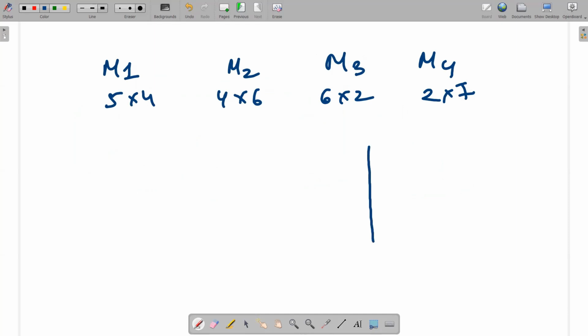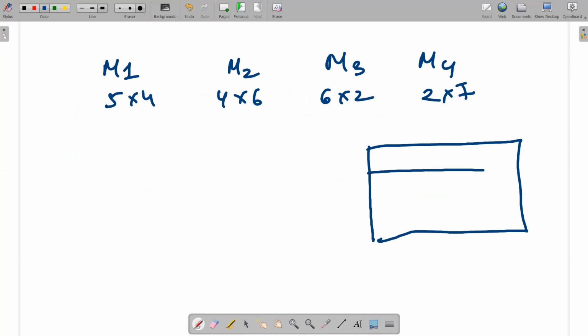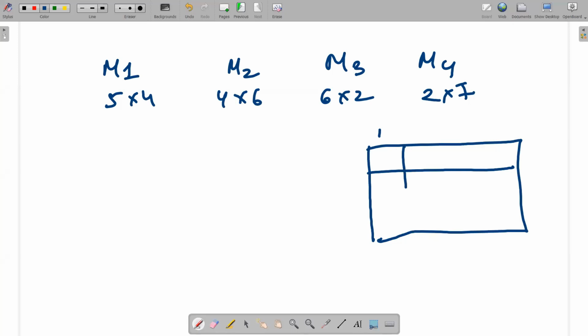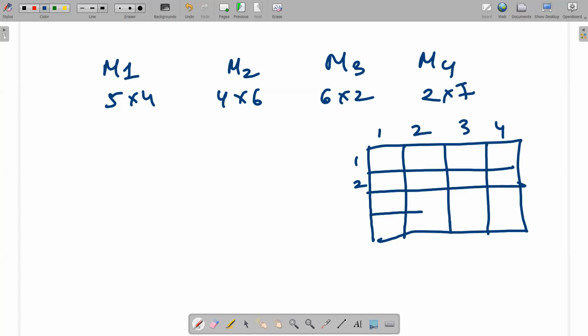I'll be creating a 4 by 4 matrix. Then we need to see how to solve it. We will calculate the answers with indices 1, 2, 3, and 4 along the rows and 1, 2, 3, and 4 along the columns.